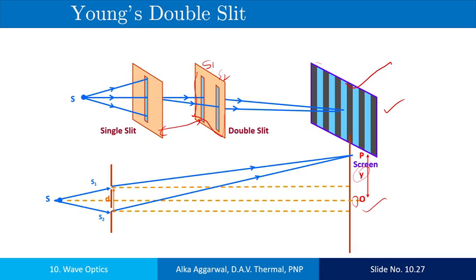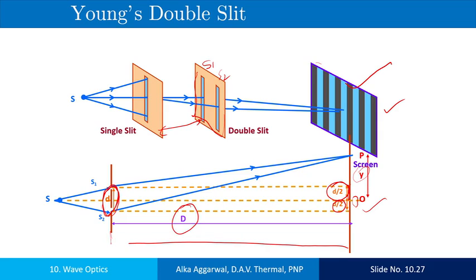The distance between the two slits is d. So this distance is d by 2 and this one is also d by 2. Capital D is the distance between the plane of the double slit and the screen.